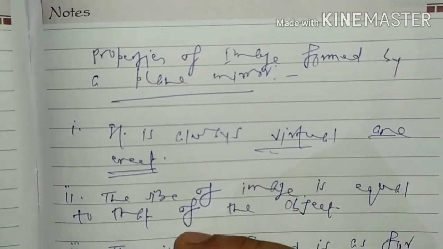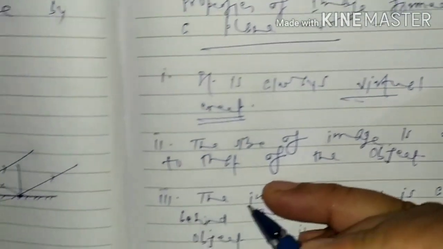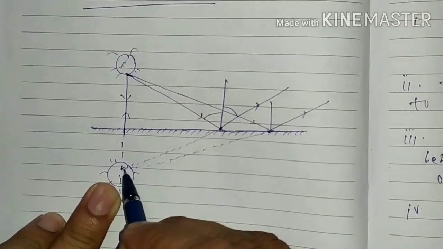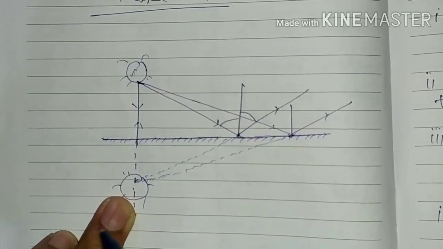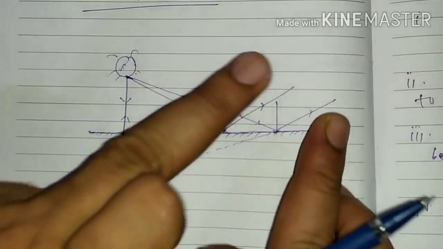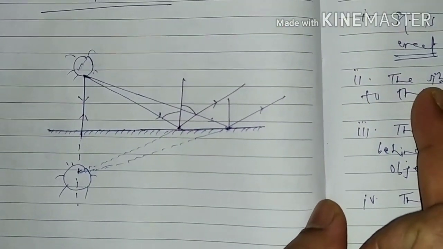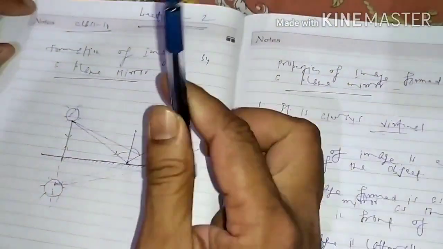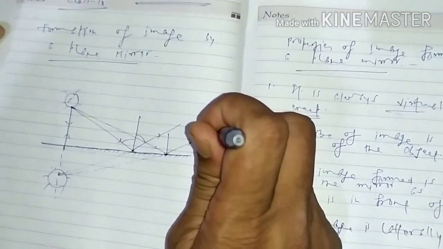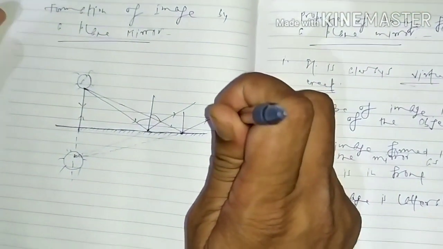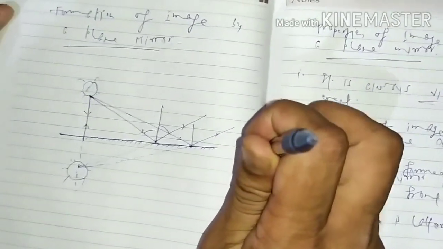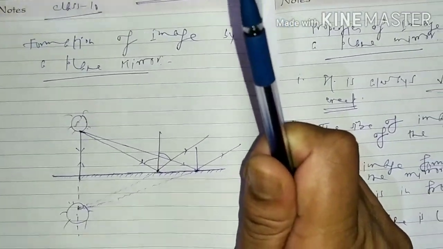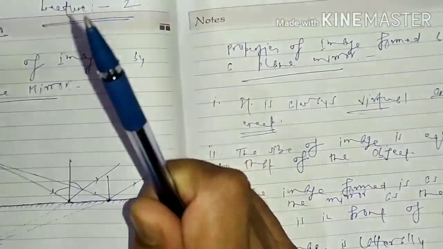Virtual means the image formed by a plane mirror is made by the virtual intersection of rays of light, which has no chance of meeting real rays of light. Erect means that if the top, that is the head of the object, is above, then in the image also it is above. For example, if we see our image in a plane mirror, our head is at the top in the object, and in the image also it is up.